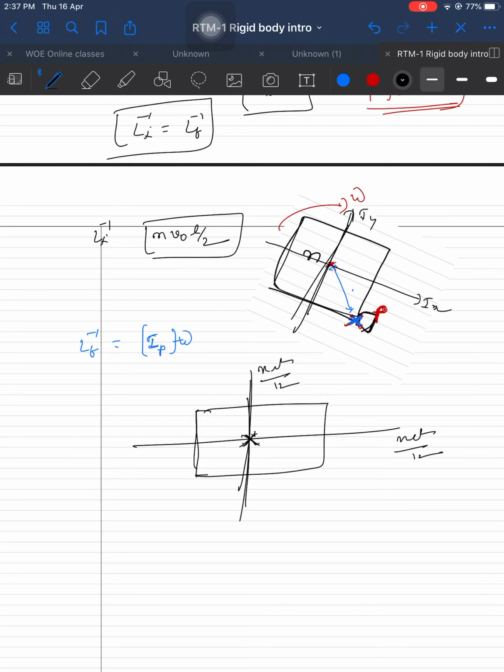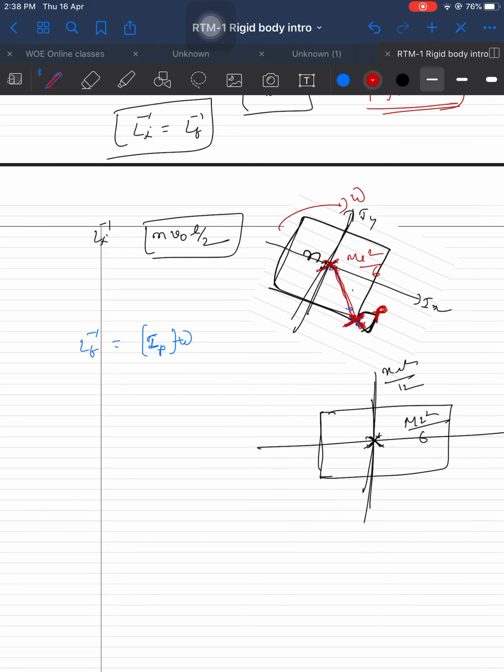Ix plus Iy is equal to Iz, which is m L square by 6. This I discussed in the last video on moment of inertia. About the center we got m L square by 6. How to get moment of inertia about this point? What theorem should we use? Parallel axis theorem, since both axes are parallel to each other.